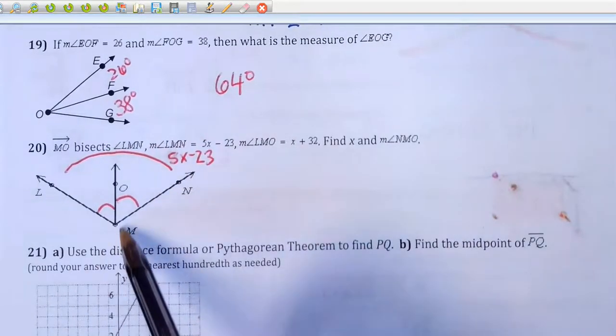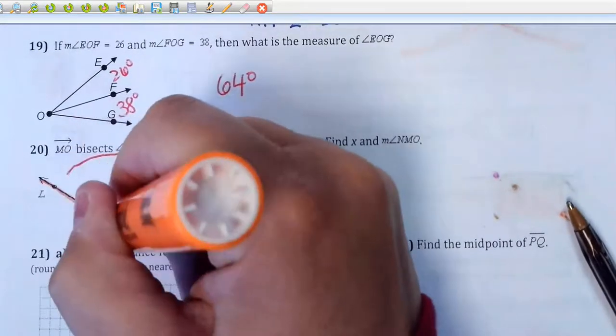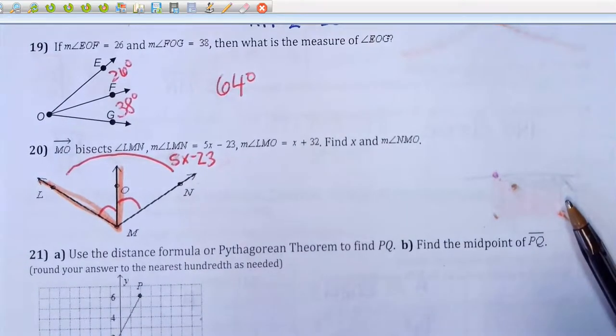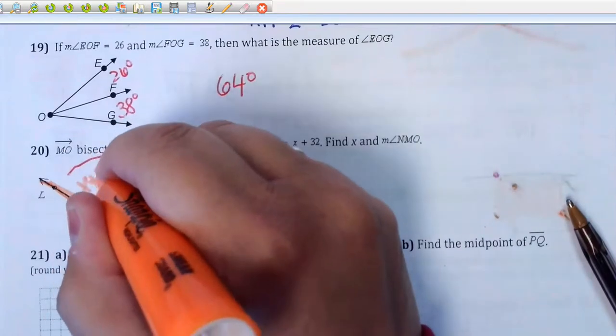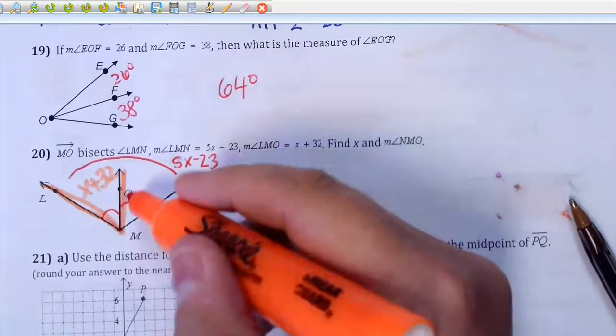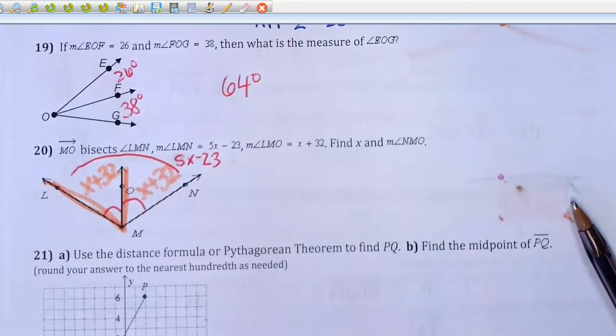LMO, let me grab my highlighter here, LMO, just to here, is going to be x plus 32. And if they told me that MO bisects that, this angle here also has to be x plus 32 as an expression.